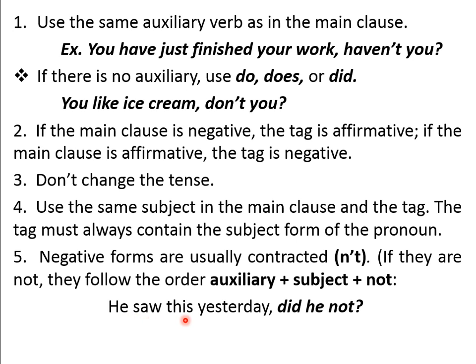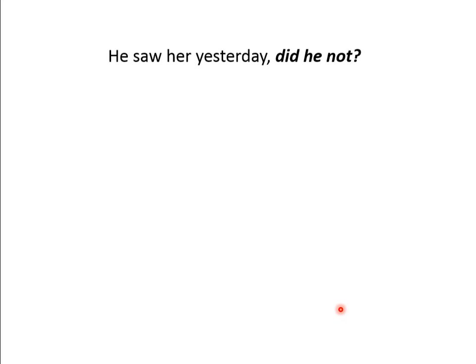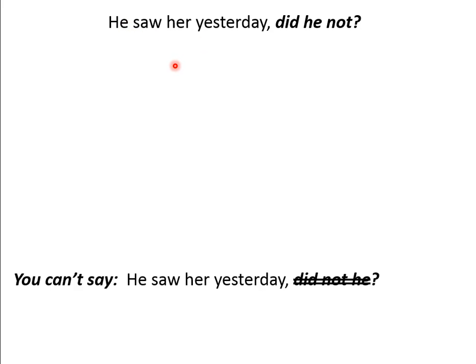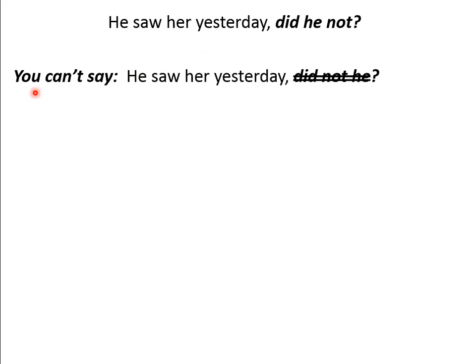He saw this yesterday, did he not? So this is the auxiliary verb, the subject he, and not. Okay, it is the same example. You can say he saw her yesterday, did not he?